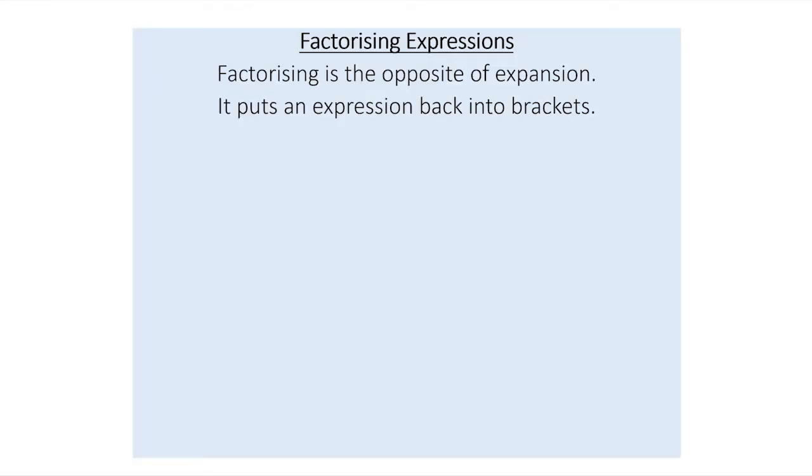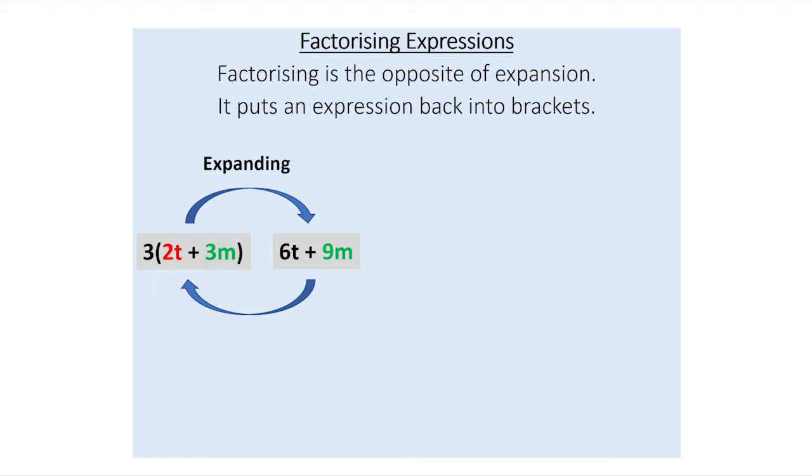Let's remind ourselves of what we mean by factorizing expressions. Factorizing is the opposite of expansion. It puts the expression back into its brackets. We have 3 times 2p plus 3m. Expanding this gives us 6t plus 9m.